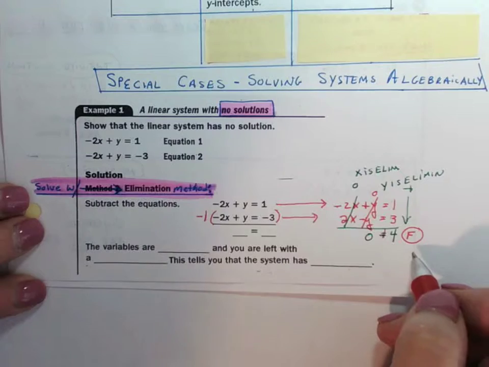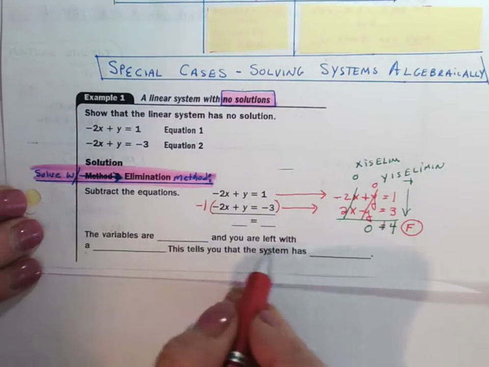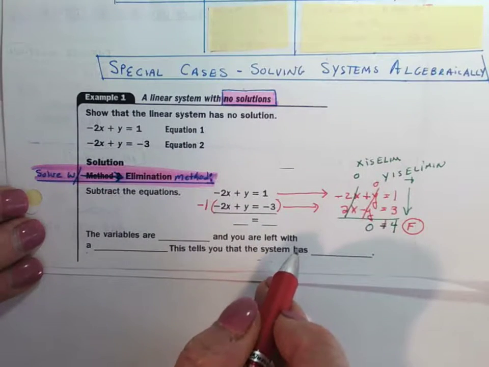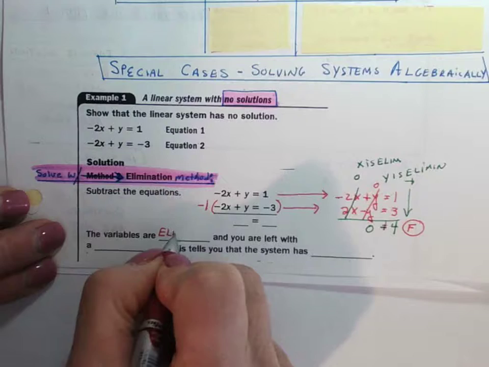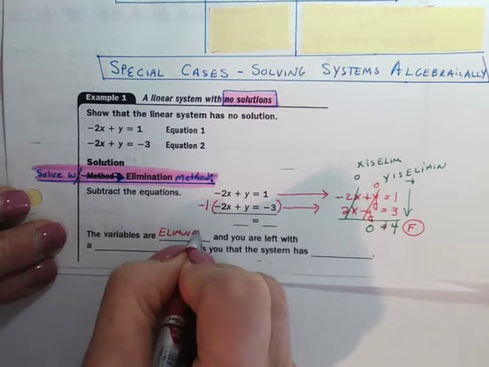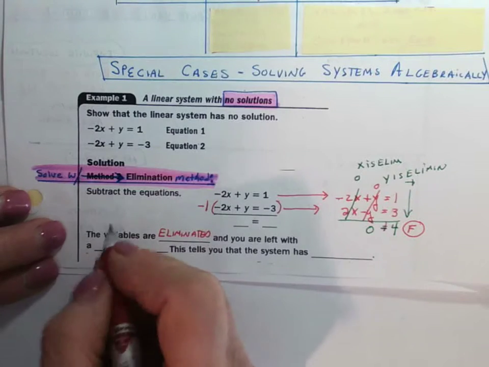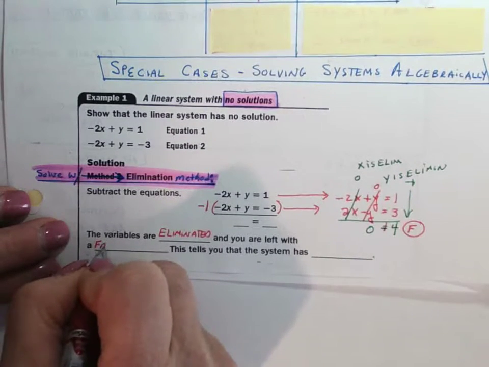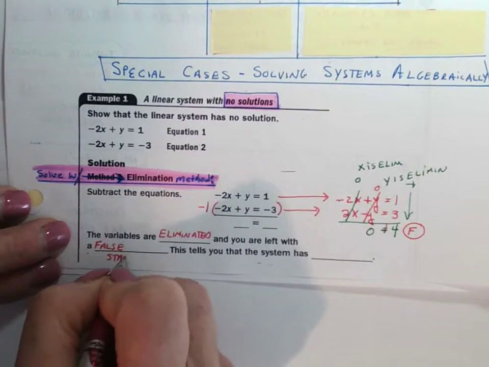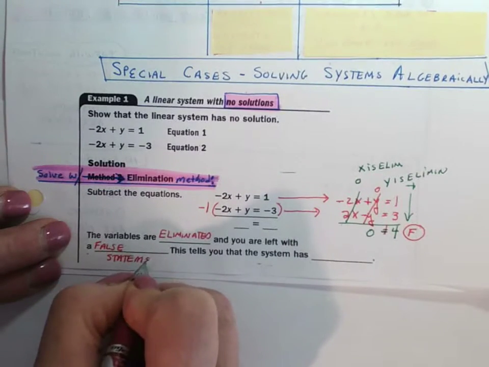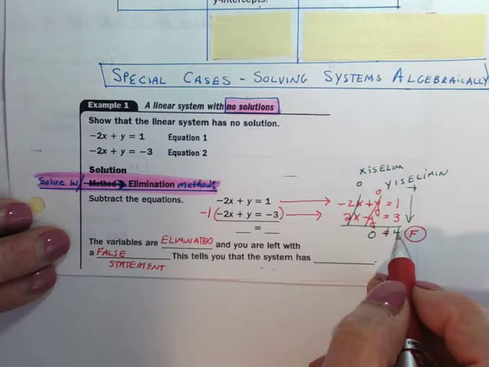So what's the solution? I bet you can guess. And this statement will help you understand this. The variables are eliminated, and you are left with a false statement. 0 is not equal to 4.